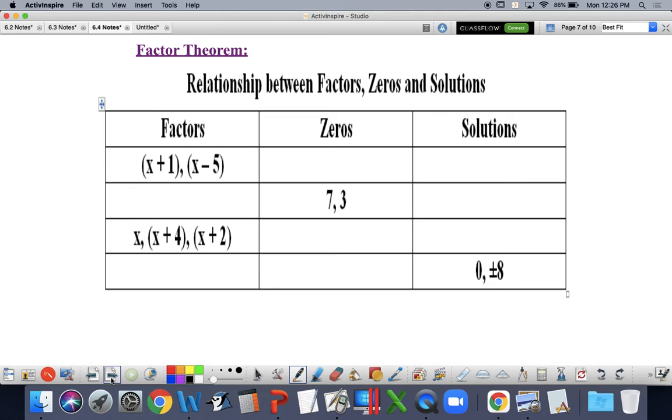You will know your solutions. These two mean the exact same thing. So if x plus 1 and x minus 5 are my factors, what are my zeros and solutions? 5 and -1, in whatever order you want. They mean the exact same thing.